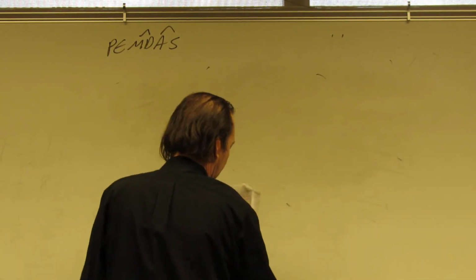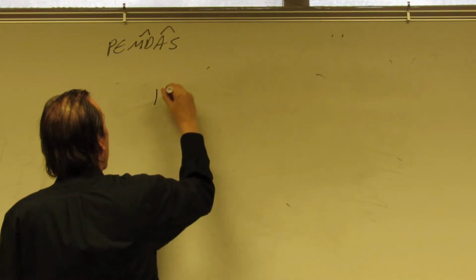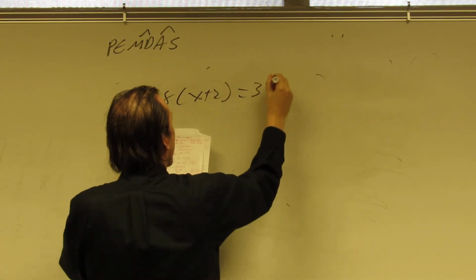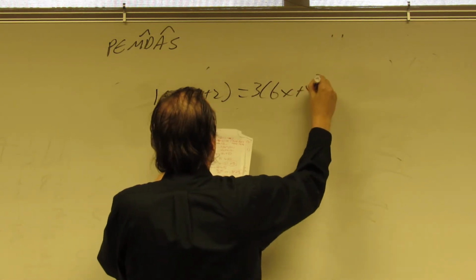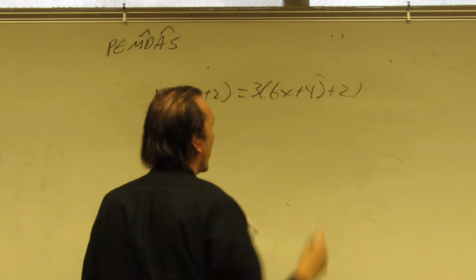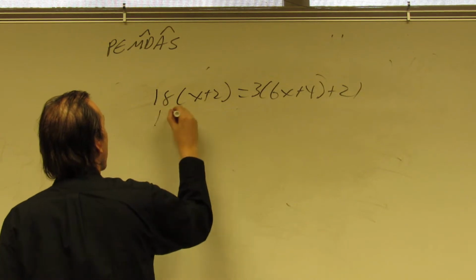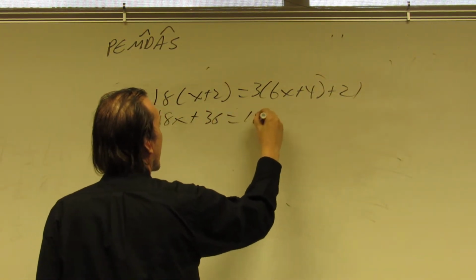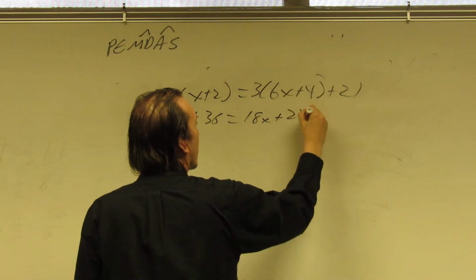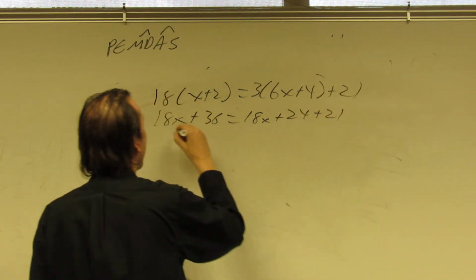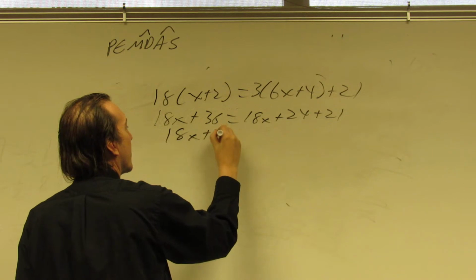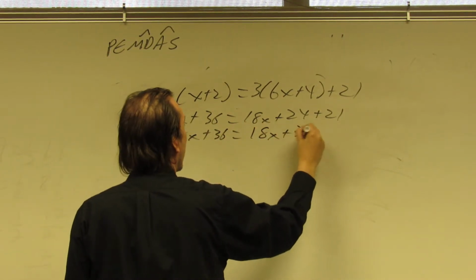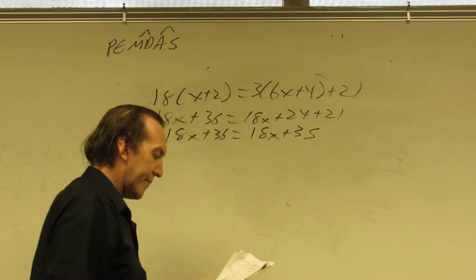However, if you have something like 18 times (x plus 2) equals 3 times (6x plus 4) plus 21. Do the distribution. 18x plus 36 equals 18x plus 24 plus 21. 18x plus 36 equals 18x plus 35.